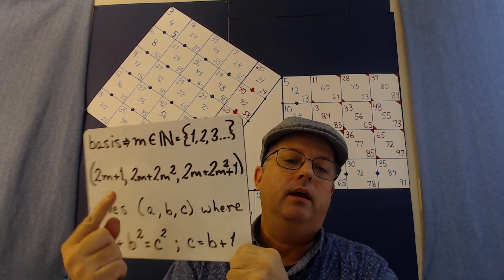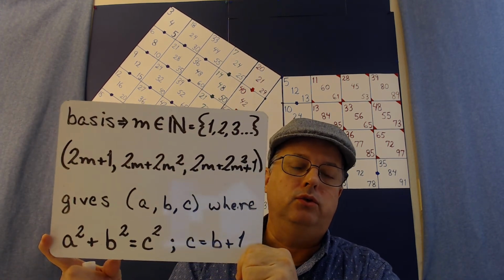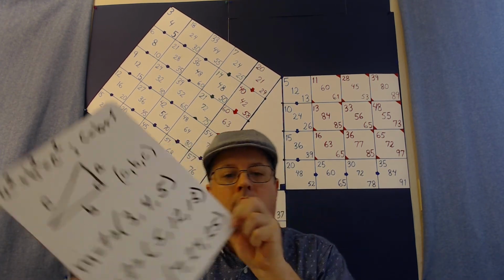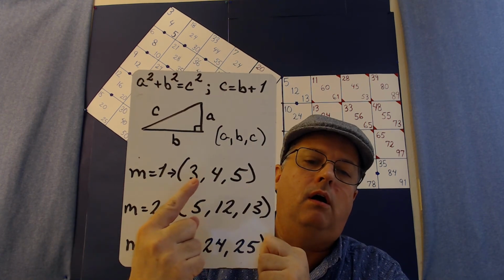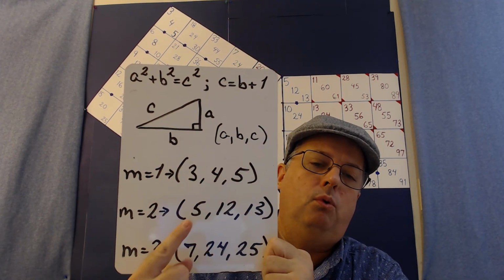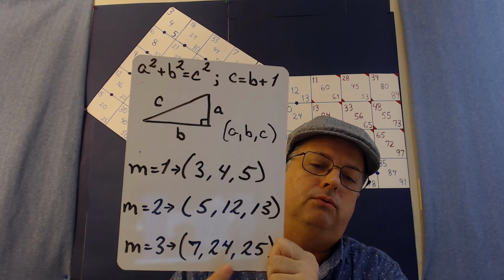And so now we can see that this expression is always leading to the nature of our Pythagorean triples that we have here: odd and a multiple of 4, odd and a multiple of 4, and so on.